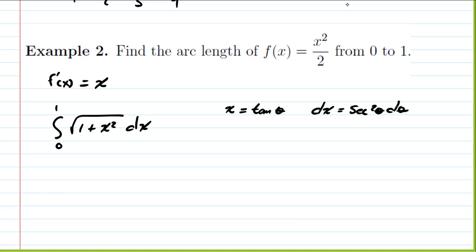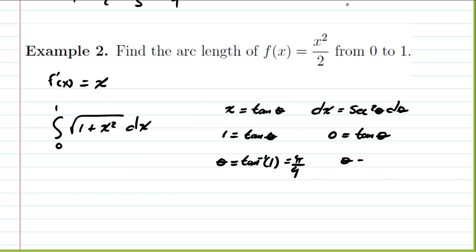Once again, changing our limits of integration, 1 equals tangent theta tells us theta is equal to the inverse tangent of 1, which is going to be pi over 4, and 0 is equal to the tangent of theta, tells us that theta is going to equal the inverse tangent of 0, which is 0.